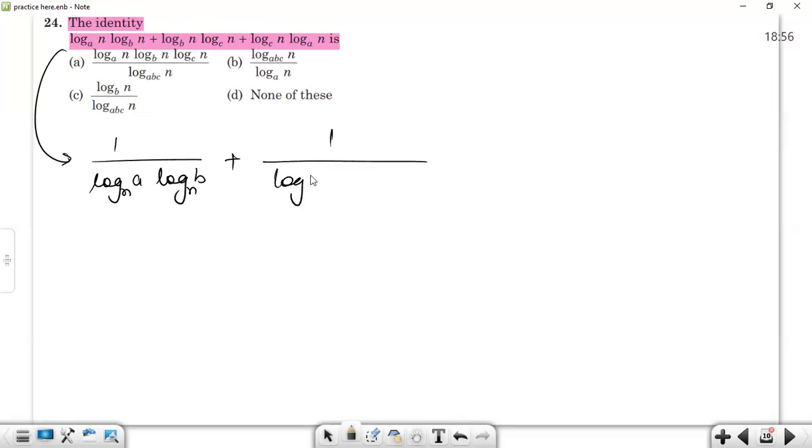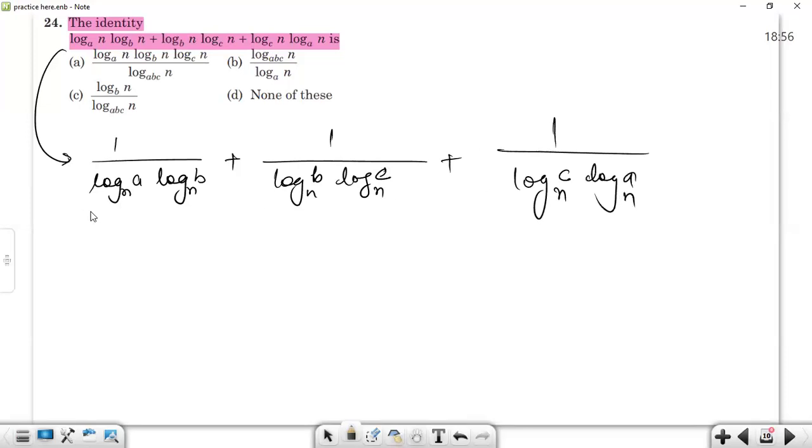By logarithm b base n, logarithm of c base n plus logarithm of c base n. Sorry, not addition. Logarithm of a base n. Now the bases are common. So what can we do here? We cannot apply properties right now.